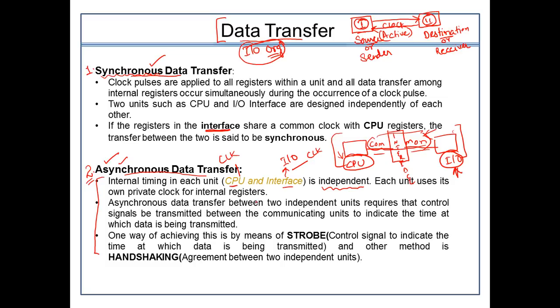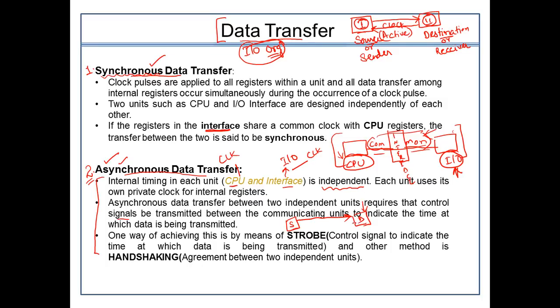Asynchronous data transfer between two independent units requires that control signals be transmitted between the communicating units. Whenever the sender is ready, it will send the data to the destination or receiver, and when the receiver is active, it will read the data.